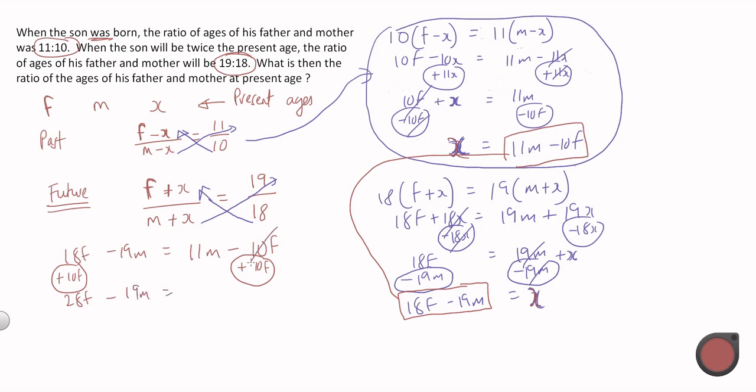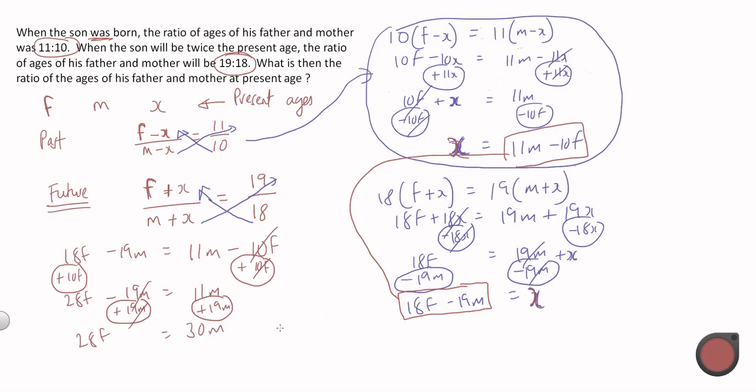And over here, obviously these cancel, left with 11m. Right, I want to put all the m's together, so get rid of this minus 19m. These cancel, you're left with 28f is equal to 30m.